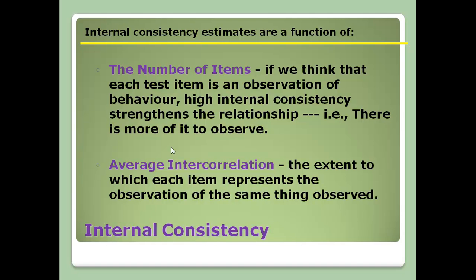Thus the larger numbers. The intercorrelation is the extent that each item represents the observation of the same thing. So if we have a large group and we're looking at math, we want to make sure that double-digit addition correlates decently to the overall number.